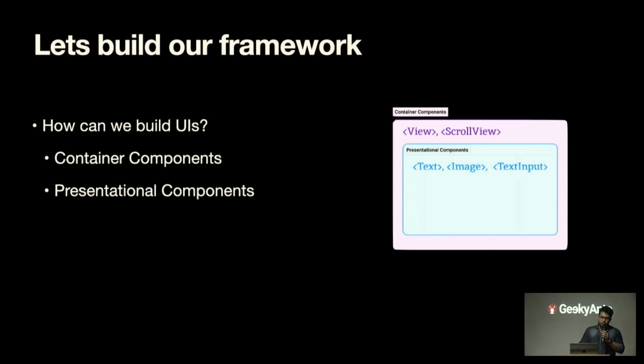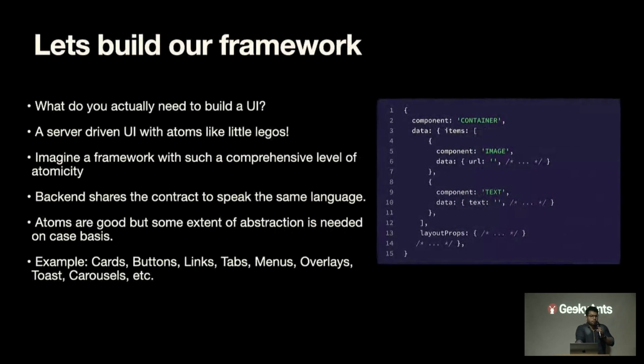But I want to make an argument that these are pretty much everything that you might need for building any UI for that matter. So think about it, right? You have a server-driven UI framework where the backend speaks the same language as these atoms that I just talked about.